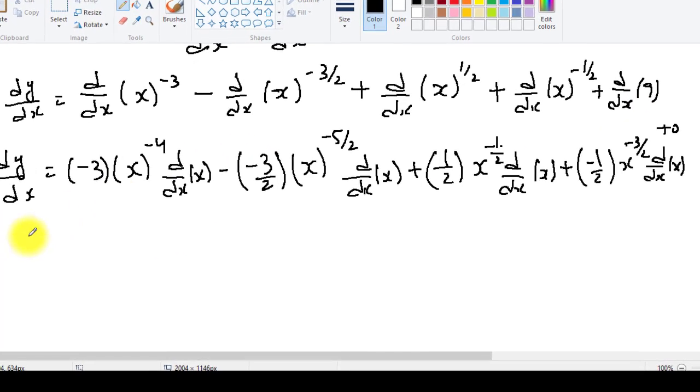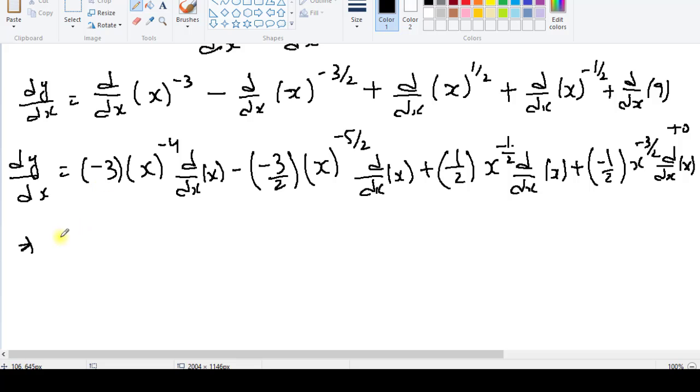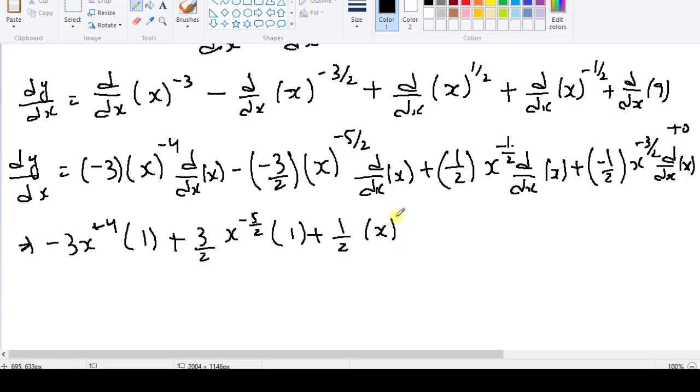And now we will just simplify it. Minus 3 x power minus 4, and you know the derivative of x is 1, okay, so that's why I'm writing 1 here, minus minus, and then 3 by 2 x power minus 5 by 2 and 1 here, plus 1 by 2 x power minus 1 by 2 into 1, and minus 1 by 2 x power minus 3 by 2 into 1, okay.